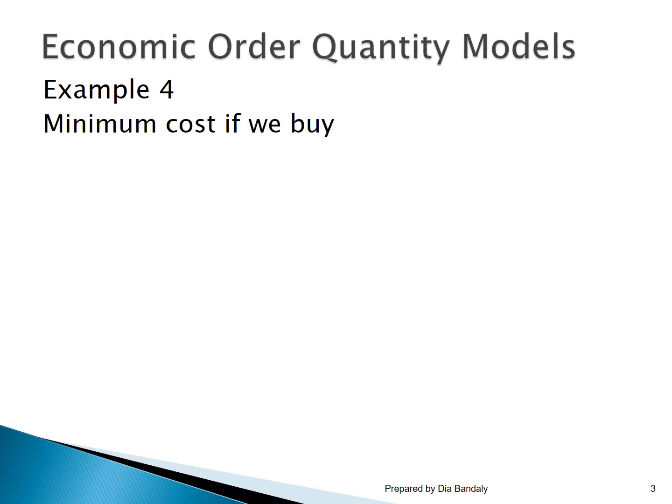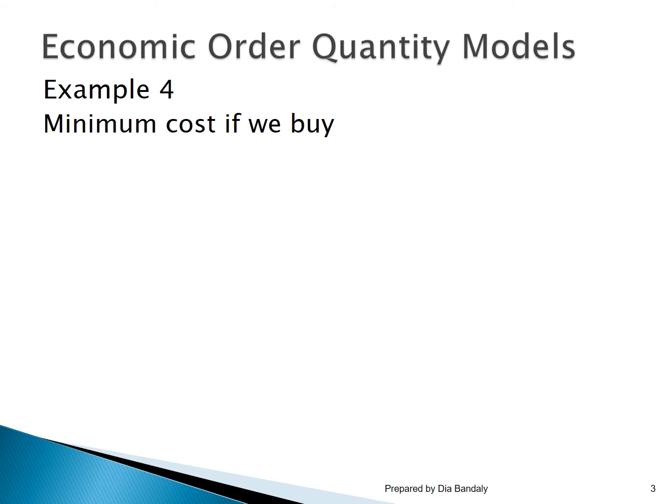All right. In order to answer the question, of course, the analysis is based on the following. If we buy, we need to find the minimum cost of buying, and if we make, the minimum cost of making, and then we compare both. And of course, we'll choose the option that has the lower cost.